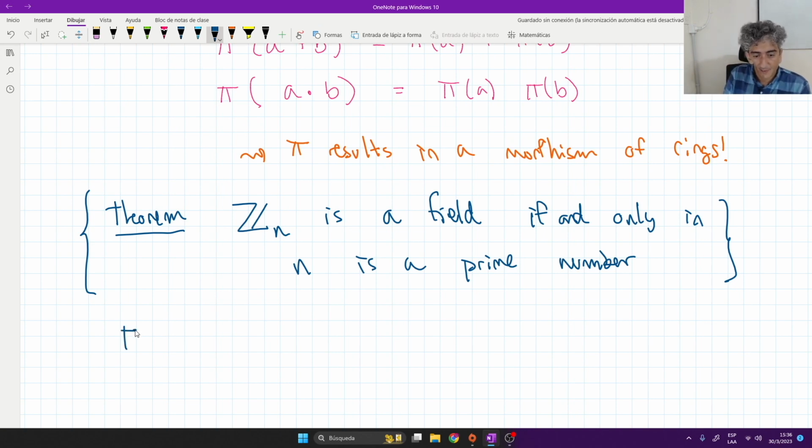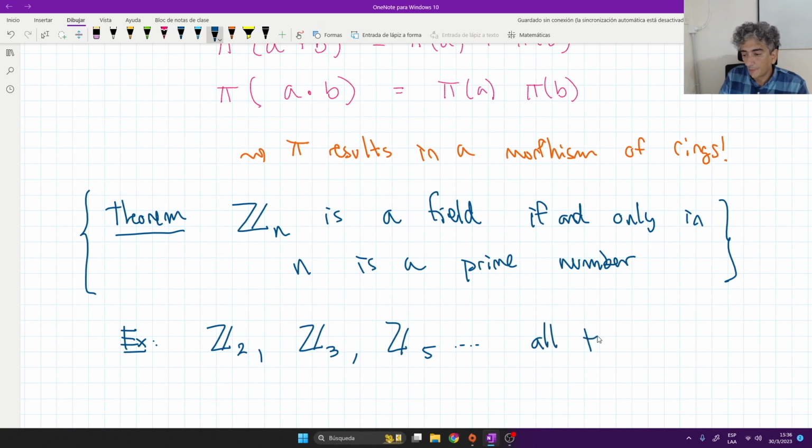So examples: Z sub 2, Z sub 3, Z sub 5, all these are finite fields.